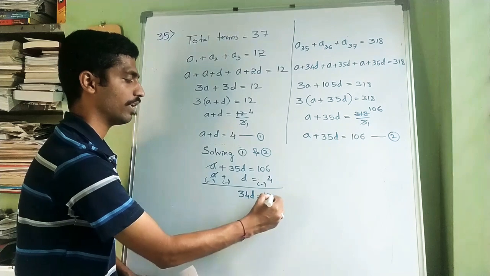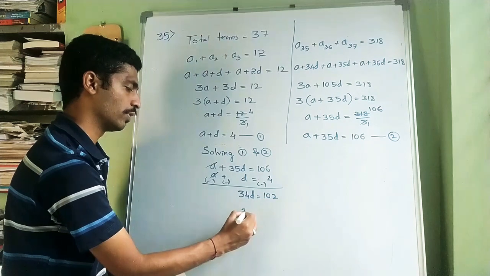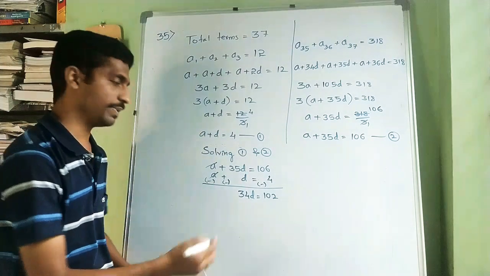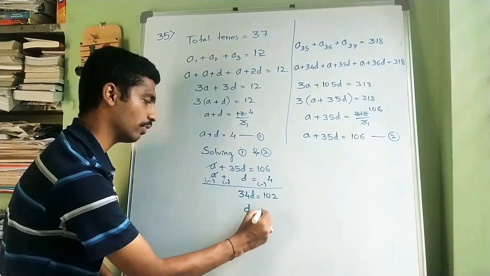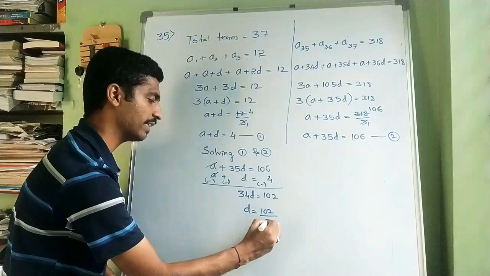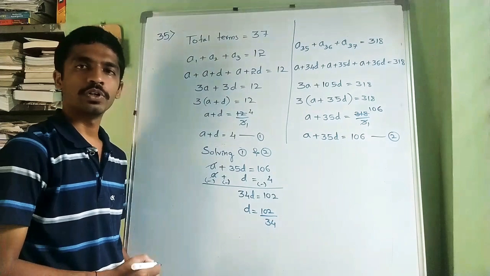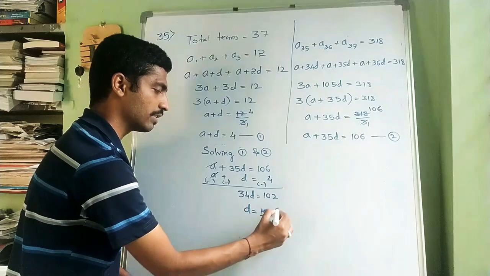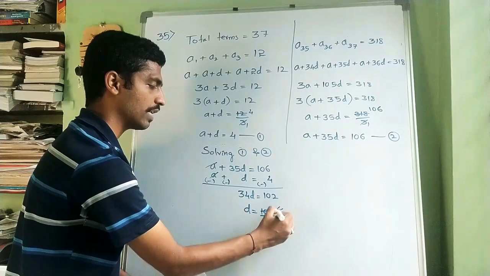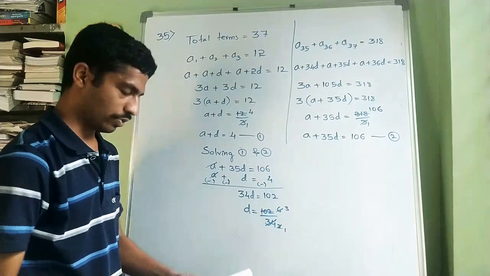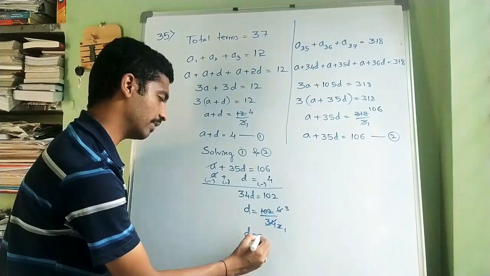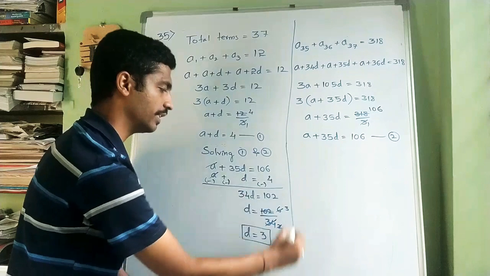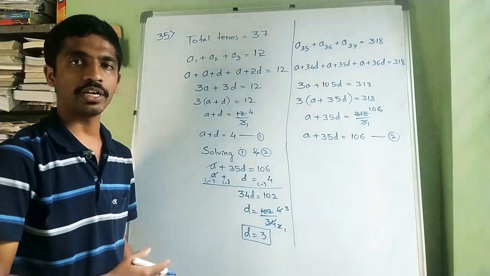So it will be 102. So 34D is there. So take 34 that side, that becomes divisible. So D equal to 102 divided by 34. Okay, so here 17 2s are 34, 17 6s are 102. So now here we got D equal to 3.